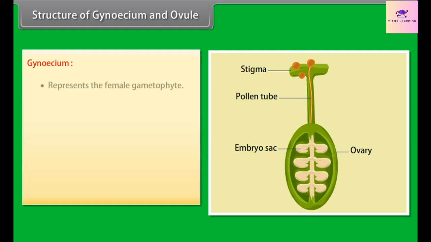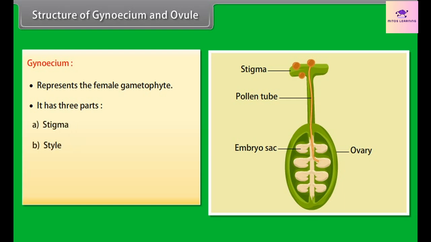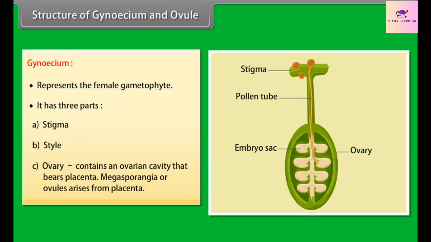Structure of gynoecium and ovule. Gynoecium represents the female reproductive part. It has three parts: stigma, style, ovary. It contains an ovarian cavity that bears placenta. Megasporangia or ovules arise from placenta.